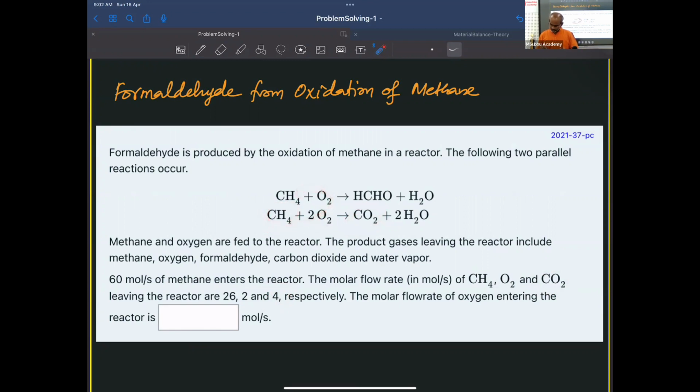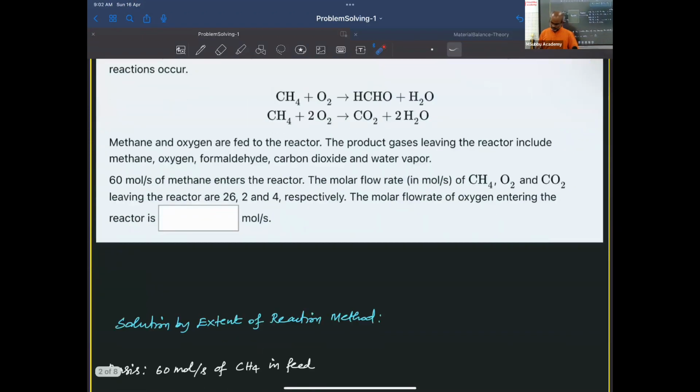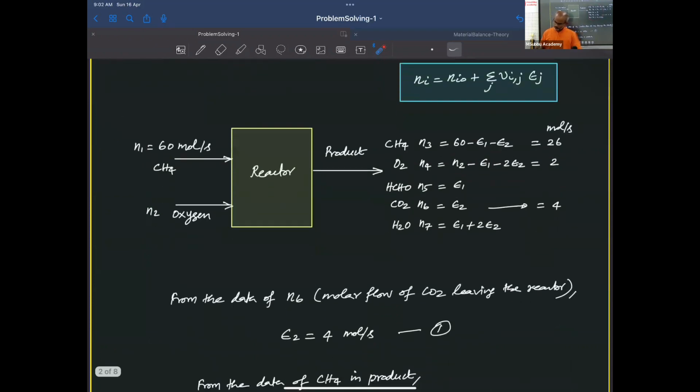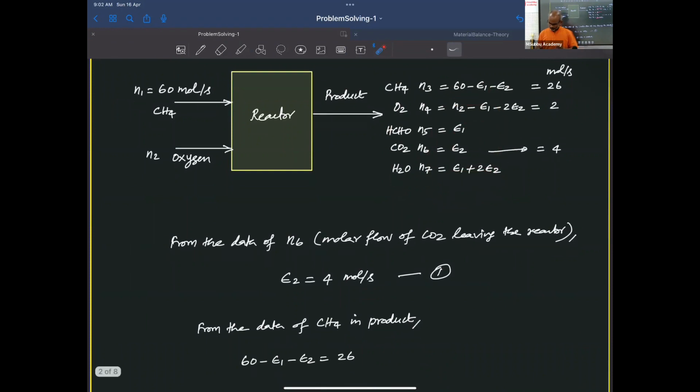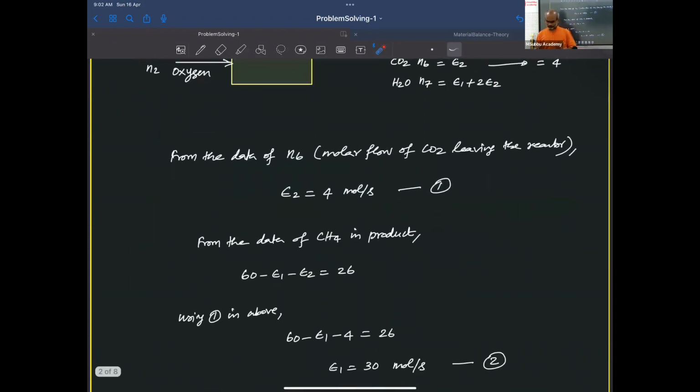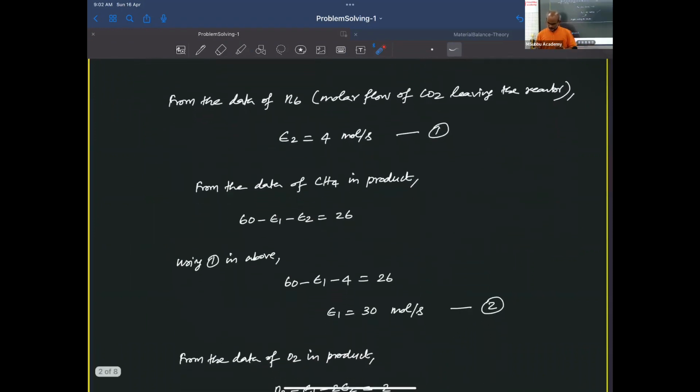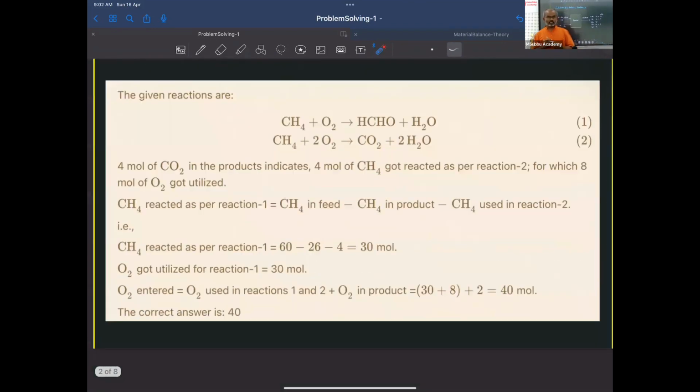Then using the 26 again, we got the CH4 for the first reaction. Otherwise, there is a risk that we don't know where to start. Somehow we have started, but that may not be a good approach for every problem. Whereas the extent of reaction approach, though appearing slightly lengthy, is straightforward. Now there is one more approach, called the atomic balance approach.